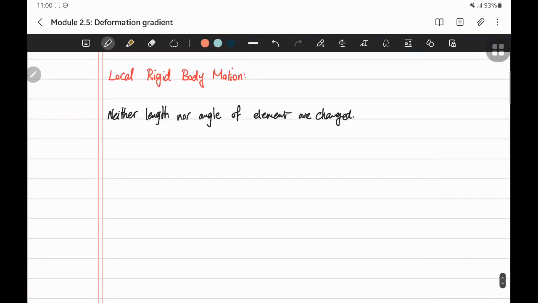So we only have rotation. So the determinant of F is also positive, and F inverse exists. We already mentioned this.